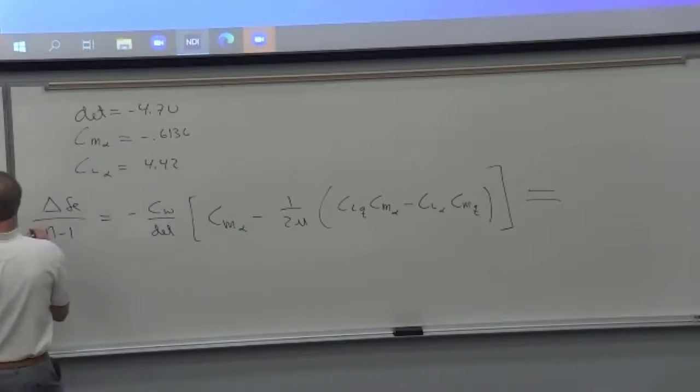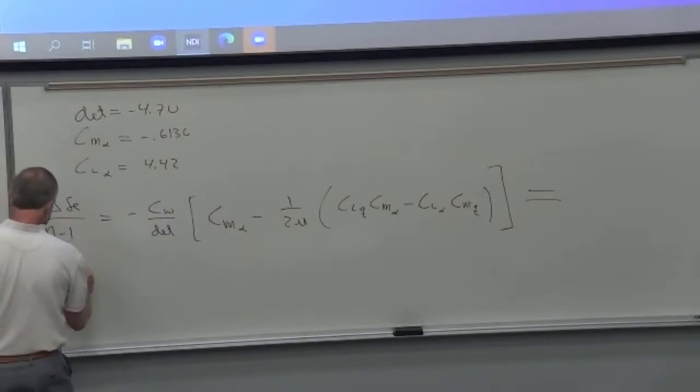So we're doing this for the 3G pull-up, so that's saying delta E over 2 minus 1.